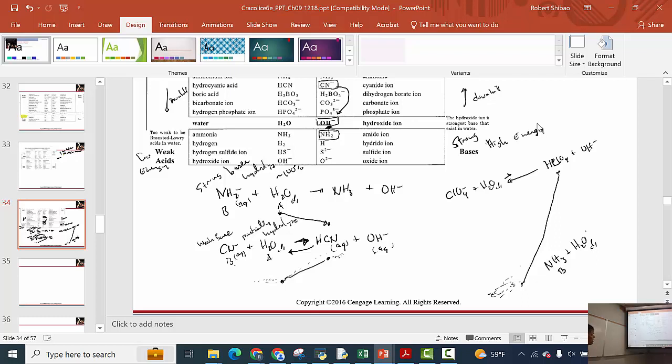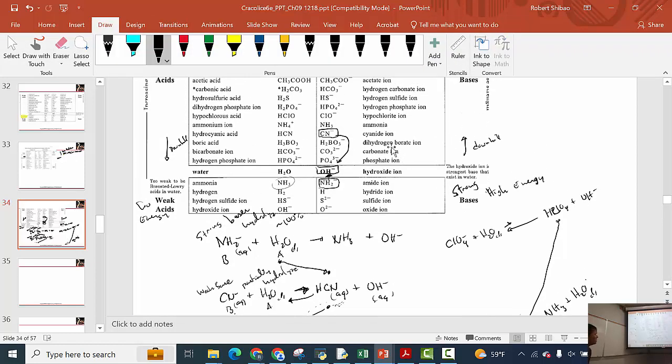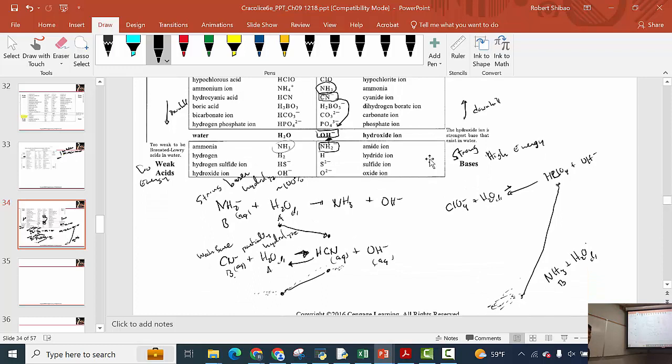Here's ammonia as an acid here, which is too weak really to be an acid. And here's ammonia as a base, which is a moderate base. Ammonia is a pretty decent base. And so we're going to say that ammonia is the base, water is the acid. What forms? Yeah, hydroxide and ammonium. That's correct. Hydroxide and ammonium.